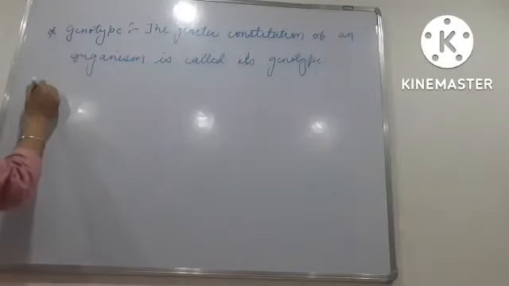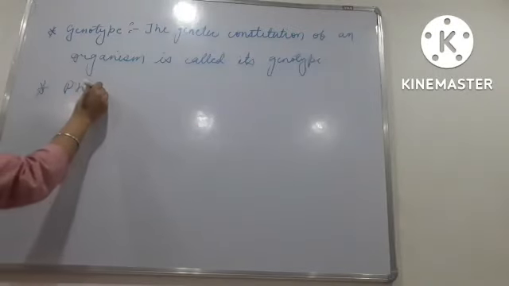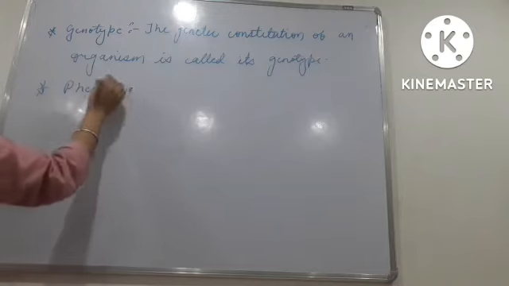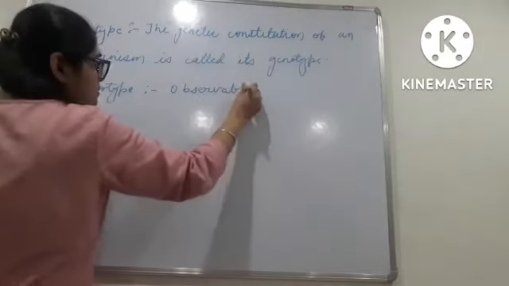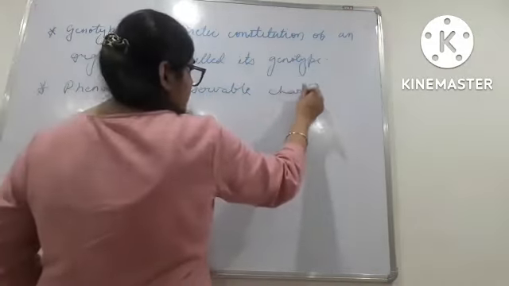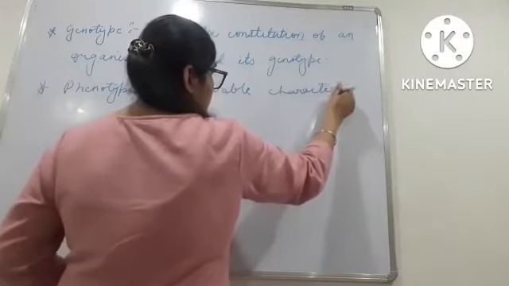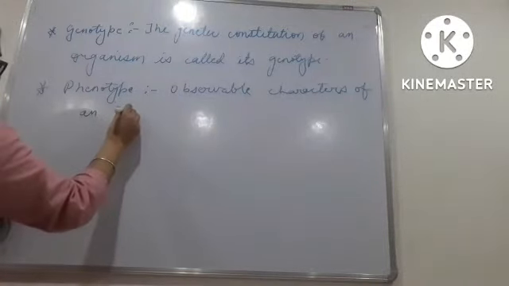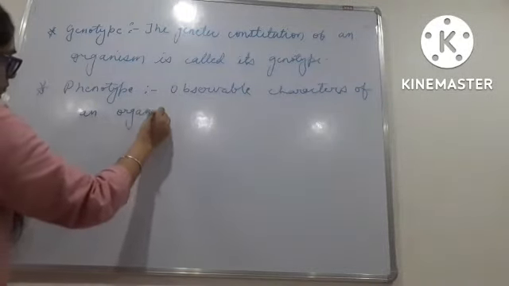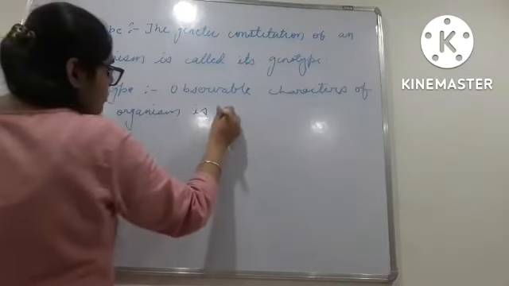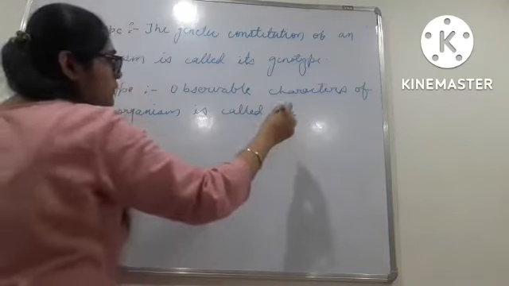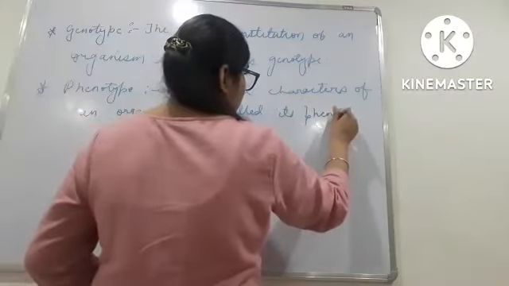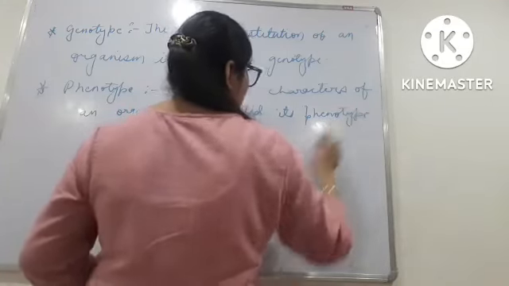Okay, and what is a phenotype? The observable characters of an organism are called its phenotype. Okay.